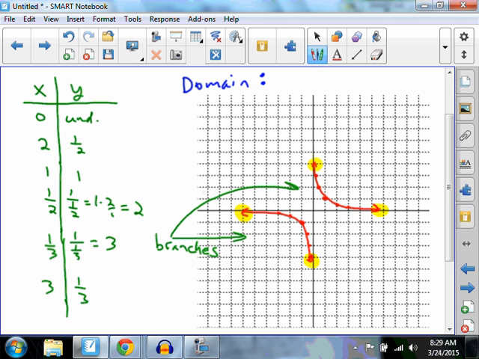So x is going to start at -infinity. Are there any restrictions on x? Is there something that x isn't allowed to equal? X isn't allowed to equal 0. So the domain's going to go from -infinity up to 0, but we're not going to count 0. And then on the other side of that, it's going to go from 0 to infinity.